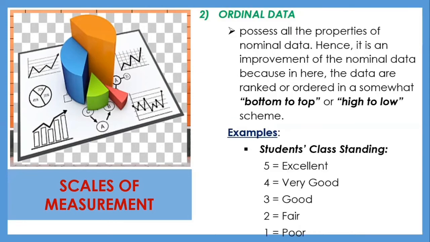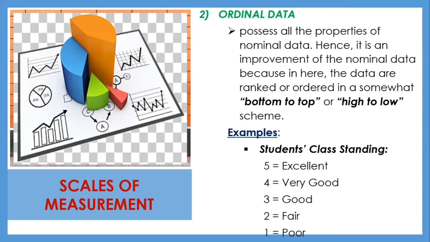On the other hand, we have ordinal data. Ordinal data possess all the properties of nominal data, and therefore, it is an improvement of the nominal data because in here, the data are ranked or ordered in somewhat bottom to up or high to low schemes. Again, in ordinal data, the keyword that we should always remember is to order. So it's either bottom to up or high to low.